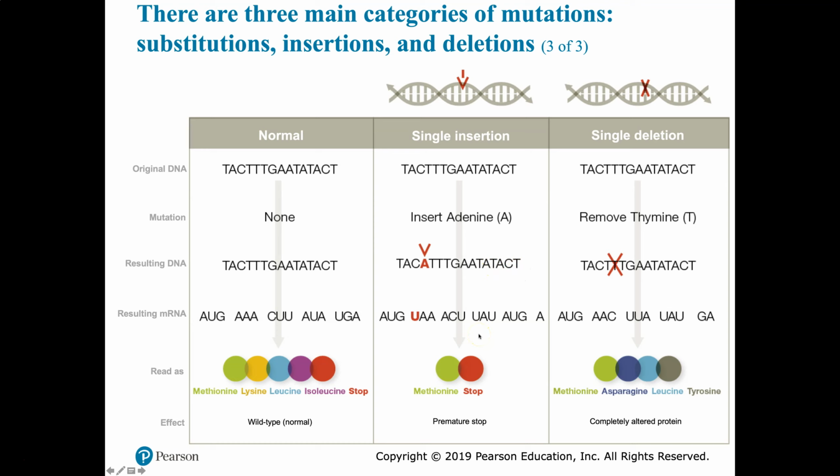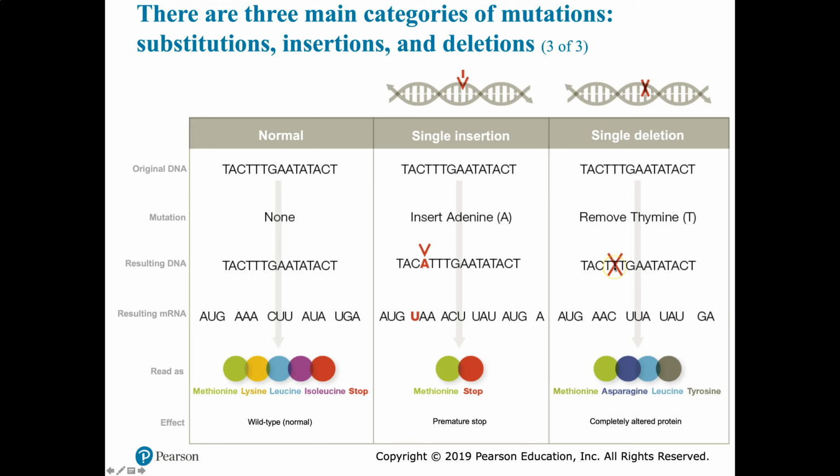So you can see how inserting a nucleotide shifts everything to the right that many spots. If you insert one, it only moves over one spot. But it drastically affects the way you read the sequence. And in this case, it actually leads to a premature stop codon. Therefore, the protein doesn't get made.